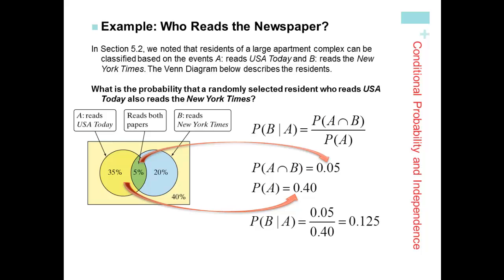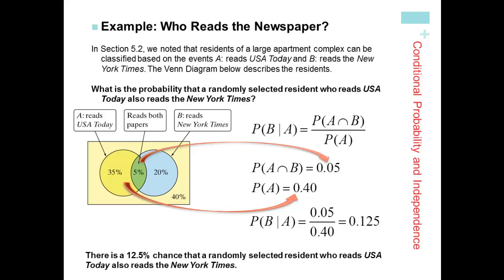Taking 0.05 divided by 0.40, that equals 0.125. So there is a 12.5% chance that a randomly selected resident who reads the USA Today will also be a reader of the New York Times. Tomorrow I'll go through the calculation of a conditional probability using a tree diagram for you.